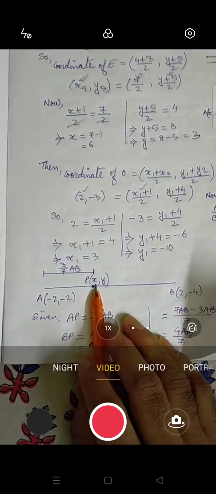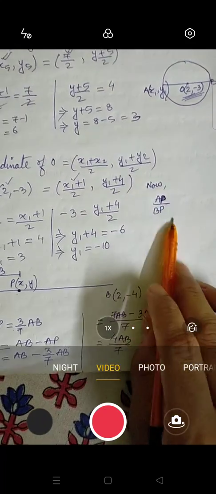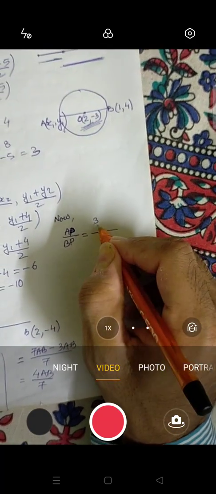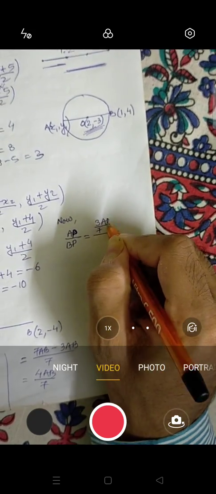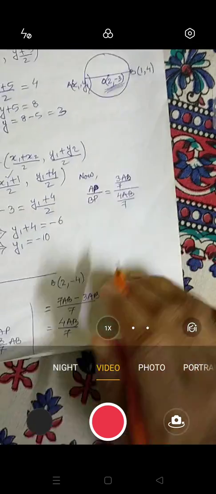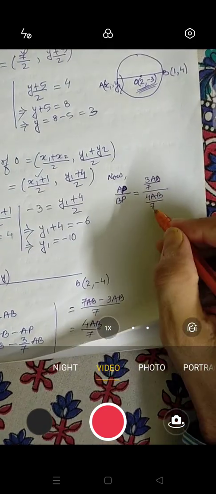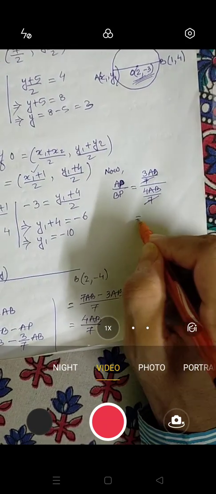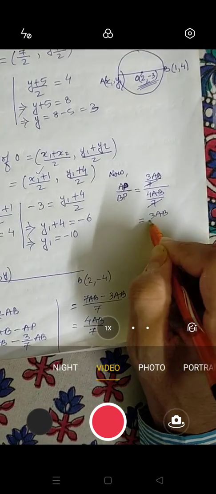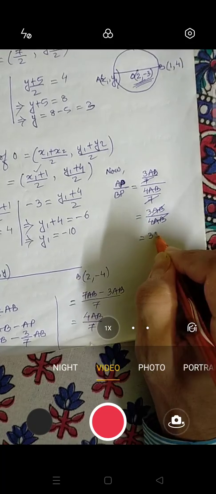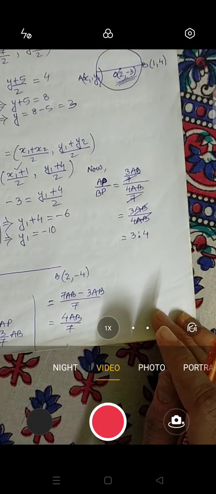What is AP? 3 by 7 AB, and BP is 4AB by 7, which we have calculated just now. Now this 7 can be cancelled. Now we are having 3AB by 4AB. Now AB is also cancelled, you are having 3:4. Any problem?